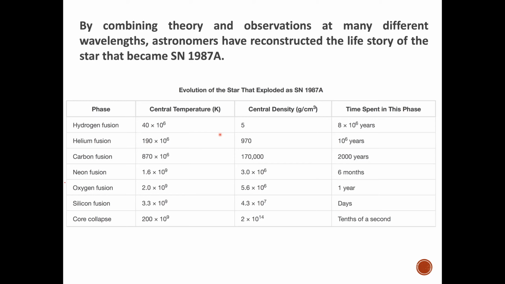Now, if you consider this particular supernova, 1987A, astronomers have constructed the different phases of its life based on the data that they have.